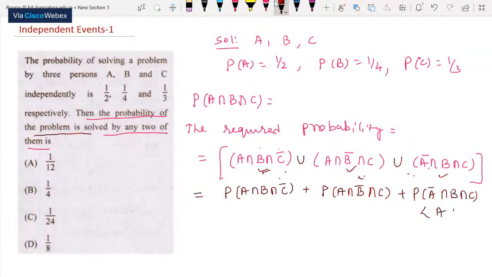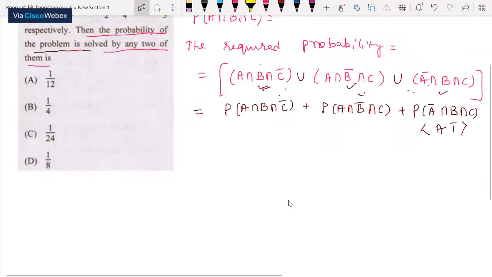Next, from the multiplication theorem, they have given A, B, C. Keep in mind, if A, B, C are independent, the corresponding complements are also independent. You already studied this point in the probability chapter for concepts. Keep in mind, whenever A, B, C are given as independent, the corresponding complements are also independent. Therefore, all three are independent.